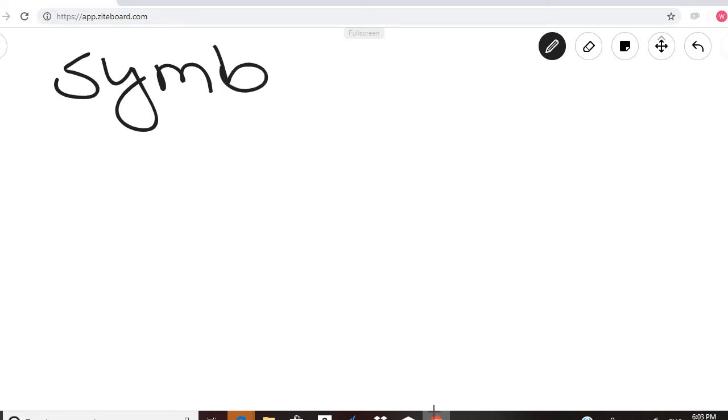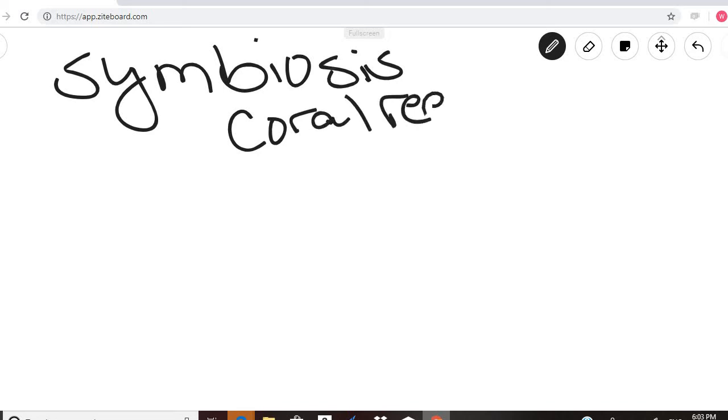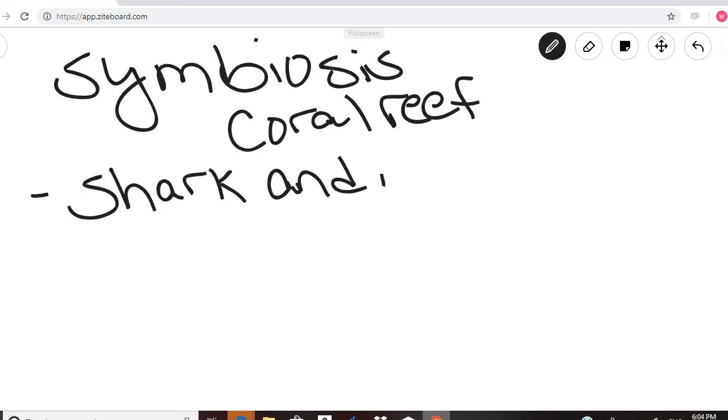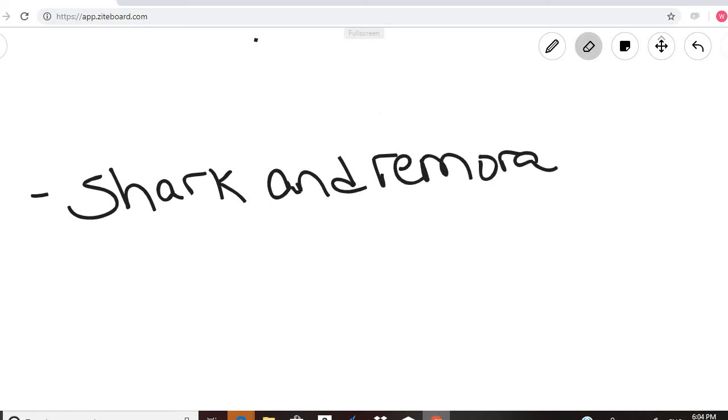We've already talked a little bit about different types. We talked about the symbiosis with the zooxanthellae, but there are lots of examples of symbiosis around coral reefs. I just want to mention one. Your book mentions others, but you can read about those in your book. But one that I'll mention is a shark and remora. Sharks are pretty messy eaters.